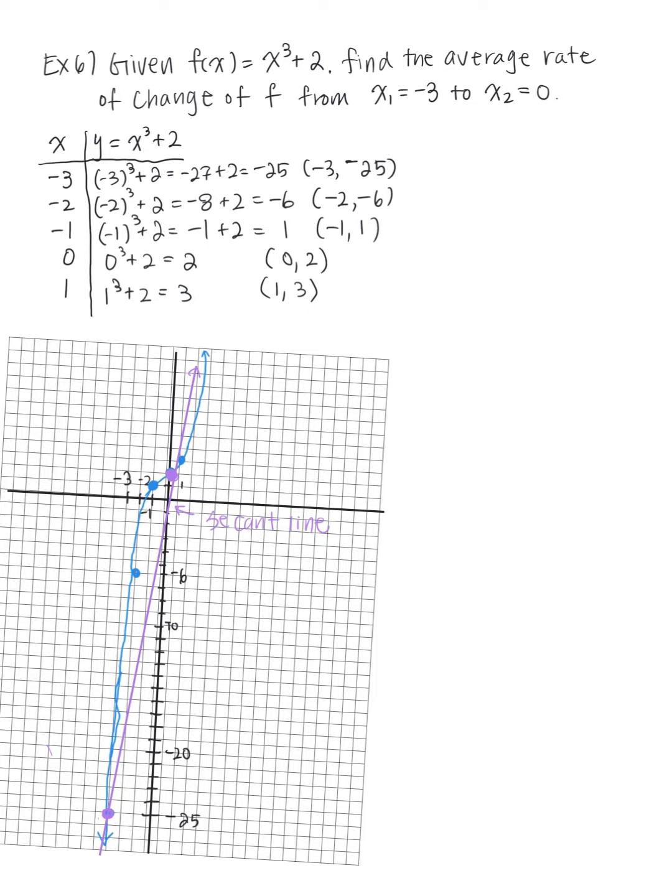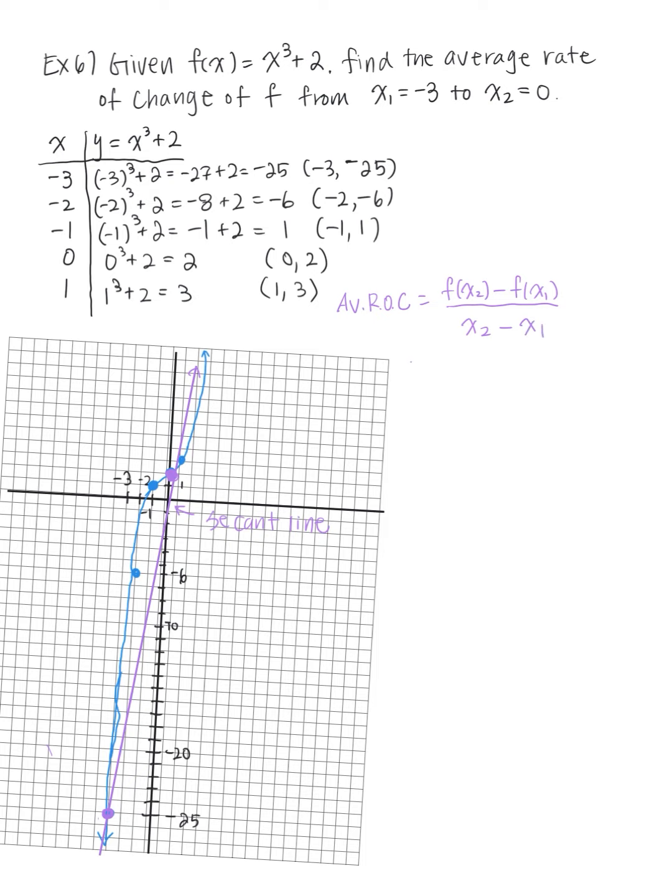So first, let's write down the formula for the average rate of change. That's given by f of x2 minus f of x1, whole thing divided by x2 minus x1.